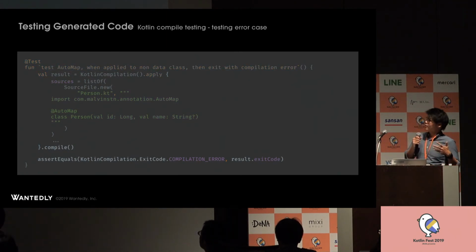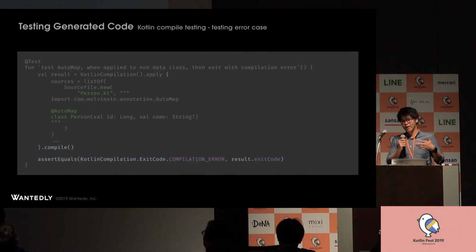For example, here I added the annotation to a non-data class, and we should see that the exit code of the Kotlin compiler indicates a compilation error. And with this type of automated test, we should be able to better maintain our code generator.